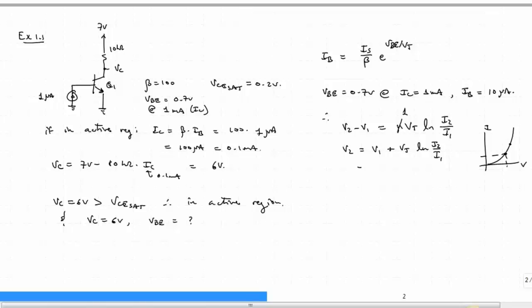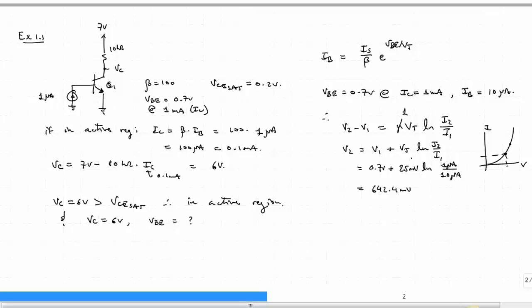So V2 is going to be equal to V1, which is our 0.7 volts, plus, and we'll assume 25 millivolts, times the log of I2. What is I2? I2 is 1 microamp, right? Because our base current in this problem is 1 microamp, not 10 microamps. This evaluates to 642.4 millivolts.